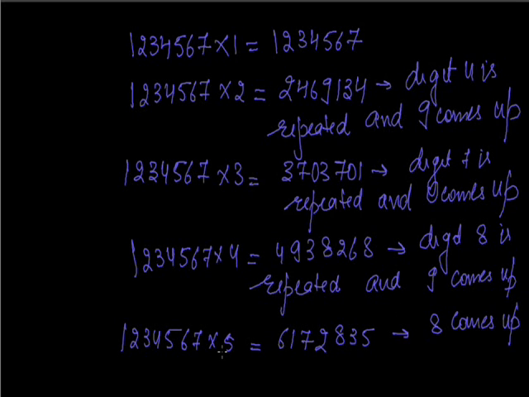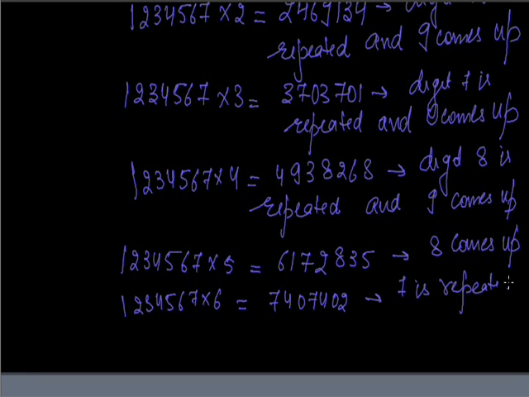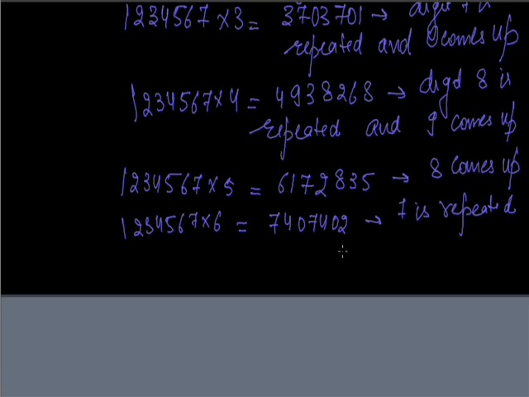Similarly, we will find for multiplication by 6. When we multiply the number by 6, it will give 740742, and this 7 is repeated. Digit 4 is also repeated, and 0 comes up.